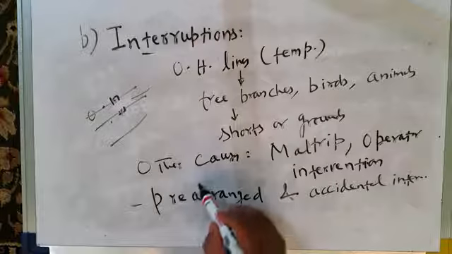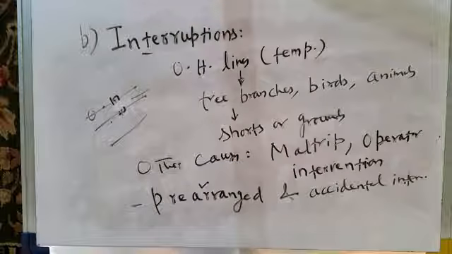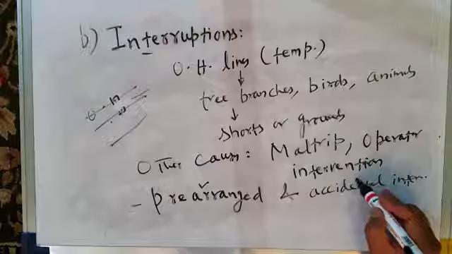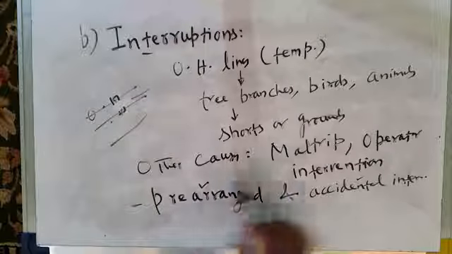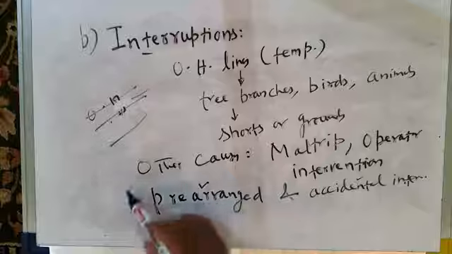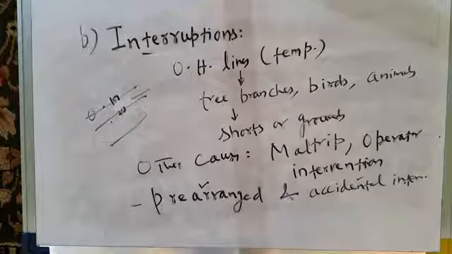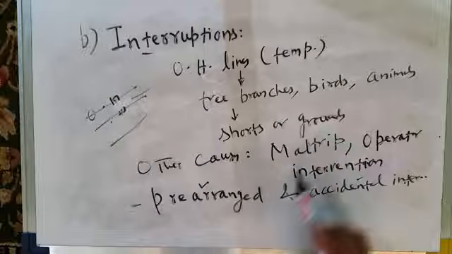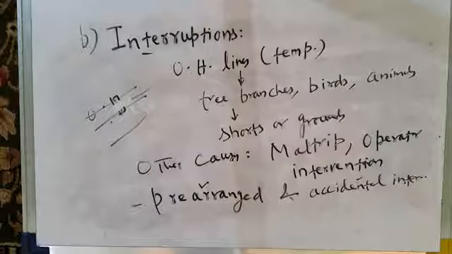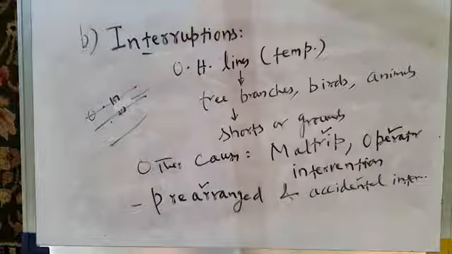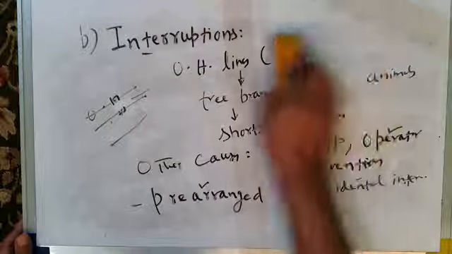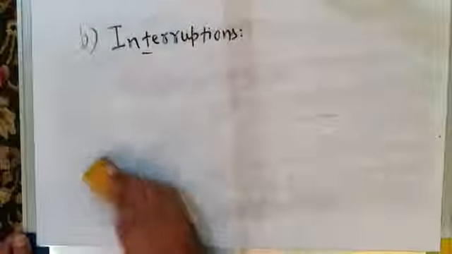Prearranged means that the operator trips the line, there is an interruption, and accidental means the same operator trips the line but accidentally, it's not prearranged. So these are the other causes of interruption. First, tree branches, birds or animals, these are the natural causes, or there may be maltrip of the relays, maltrip of the protective devices, or operator intervention, or prearranged or accidental interruptions. So these are various types or various causes of interruptions.